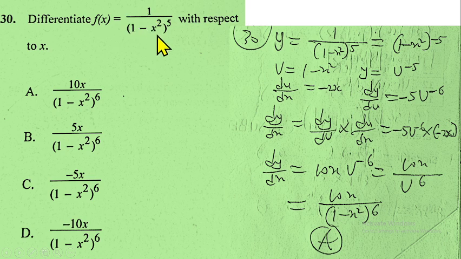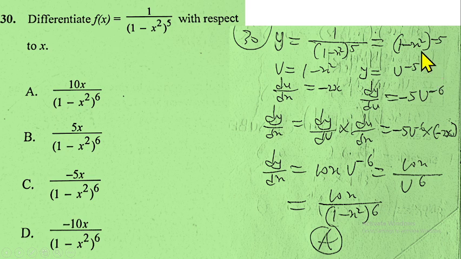According to the law of indices, this is the inverse of everything you have in the denominator. So y equals 1 over 1 minus x squared raised to power 5, which can be written as 1 minus x squared raised to power minus 5.